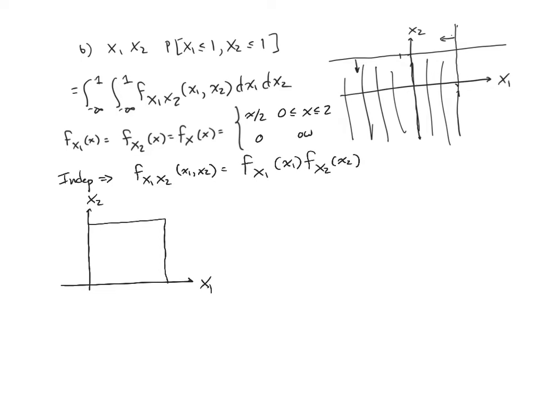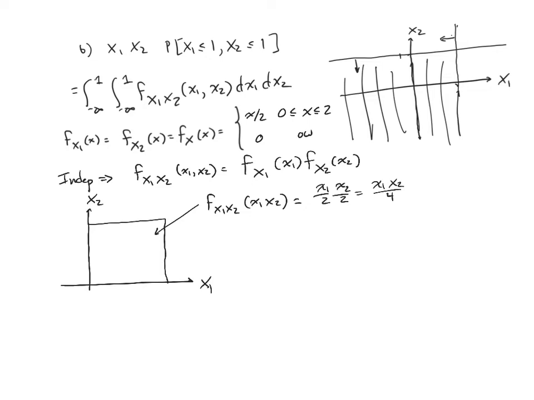And so there's a box of possible x1s and x2s. And in that box, the joint PDF of x1 and x2 is equal to the product of these individual PDFs. And that's equal to x1 over 2 times x2 over 2. It's equal to x1 x2 over 4.